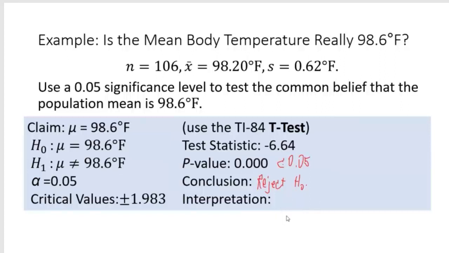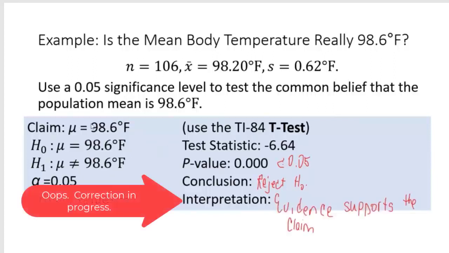Now, even though you might say, well, it's less than, no, we didn't test that. We just tested that it's not the same as 98.6. We did reject the null, but the null was the claim this time. So I have got to rephrase that. You got to look closely at what that claim was.